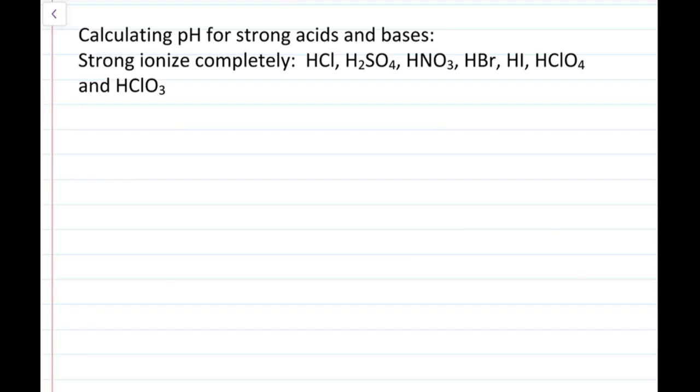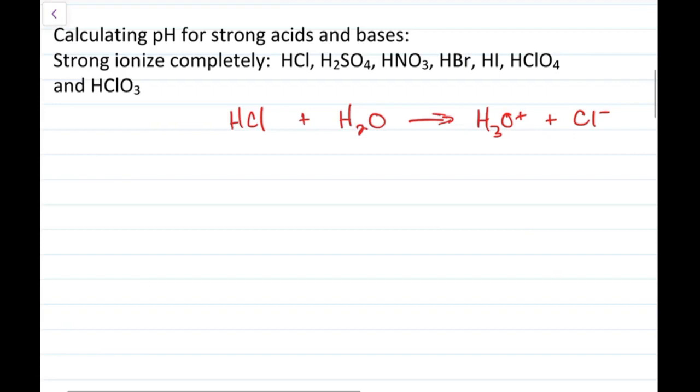So if you're writing an ionization equation for HCl, you don't have to write a two-way arrow. Okay, it's just going to be hydronium plus chloride, and it happens at a rate of 100%.